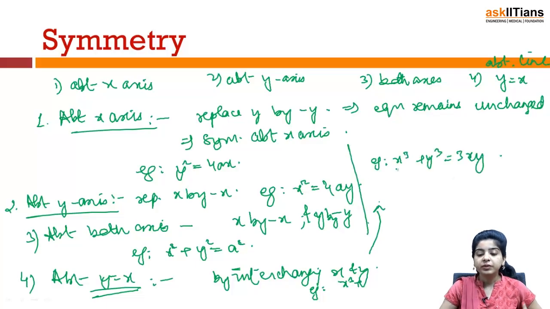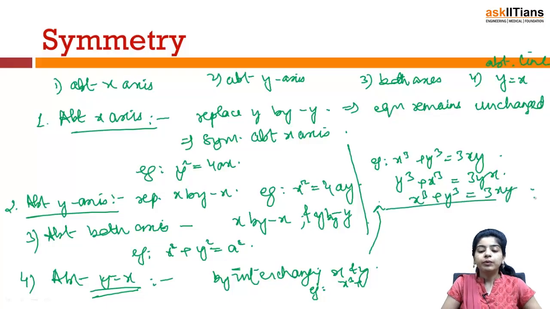Now in this curve, let me interchange my x and y. So I have y cube plus x cube is 3yx, that is simply x cube plus y cube is 3xy. So the equation remains unchanged, and therefore you will say that this curve is symmetrical about the line y equal to x. So this is how you are going to judge the symmetry of a curve.